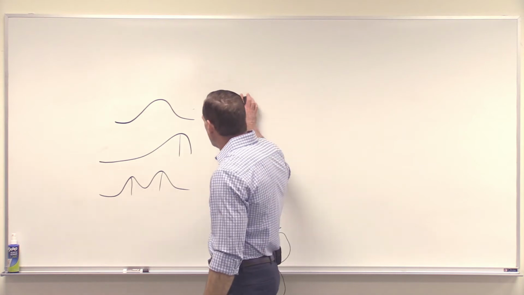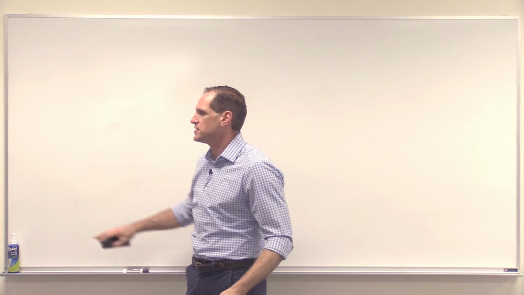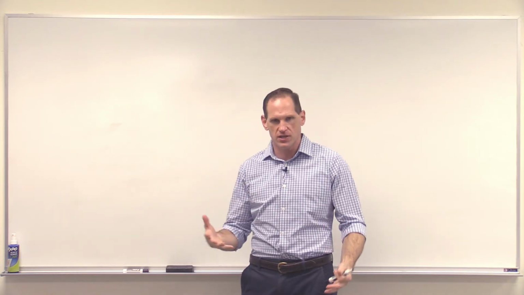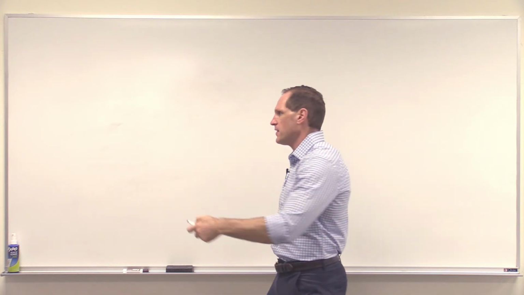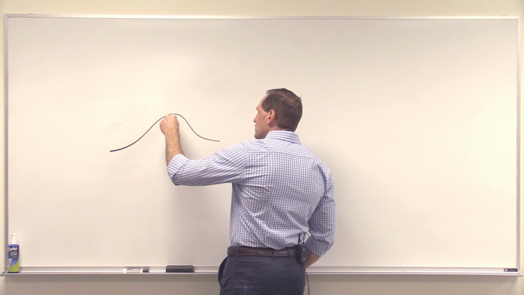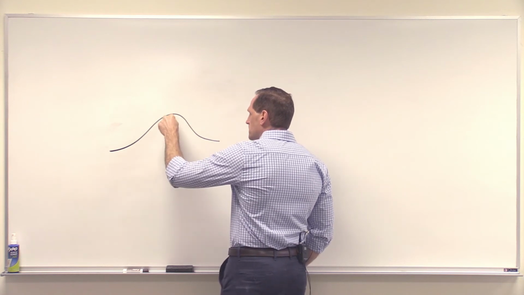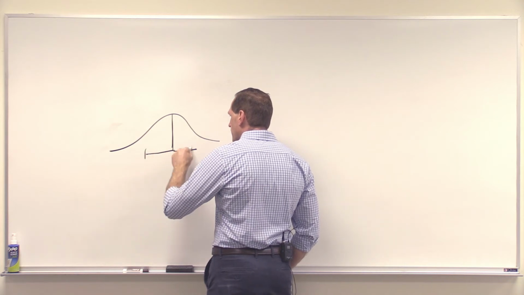So anyway, as far as your main statistic and parameter go with continuous things, it's going to be the standard deviation and the mean, or average. In this case, this would be our mean, and then the standard deviation is a measure of variance.